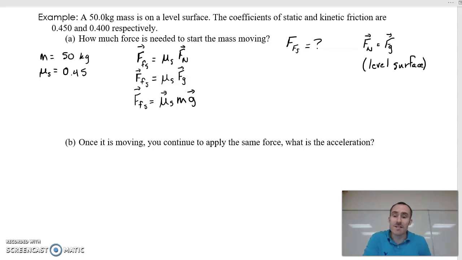So we have all the pieces that we need to calculate the force of static friction. So Fs is equal to 0.45 times 50 kilograms times 9.8 meters per second squared.